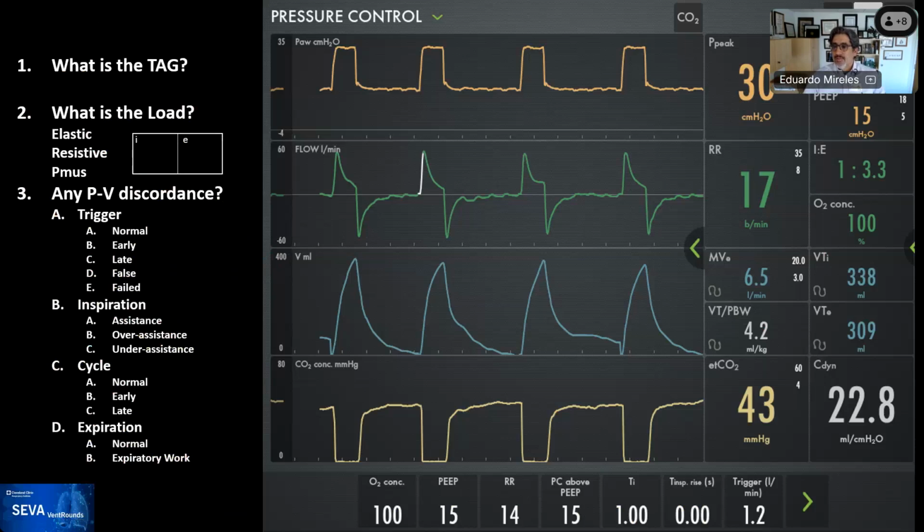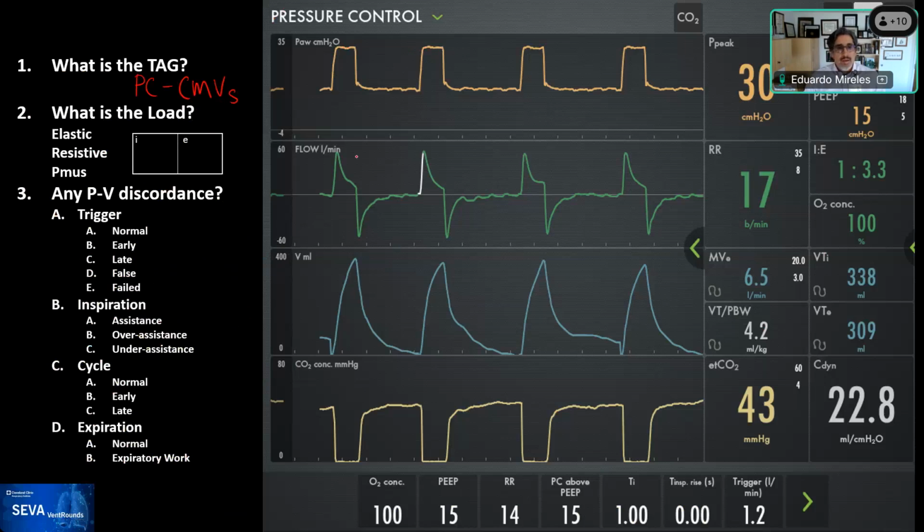So let's start with the tag. If anybody wants to put the tag on the chat, that's great. Good. So starting to come in. I put the whole screen so that there was no hidden agenda or anything like that, but you can rapidly see PC, CMV, S, and that comes with controlling the pressure during the breath.